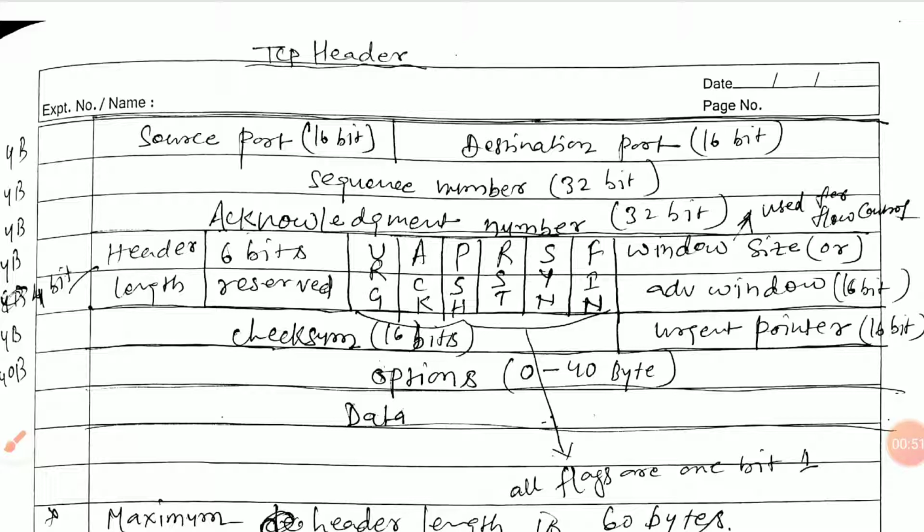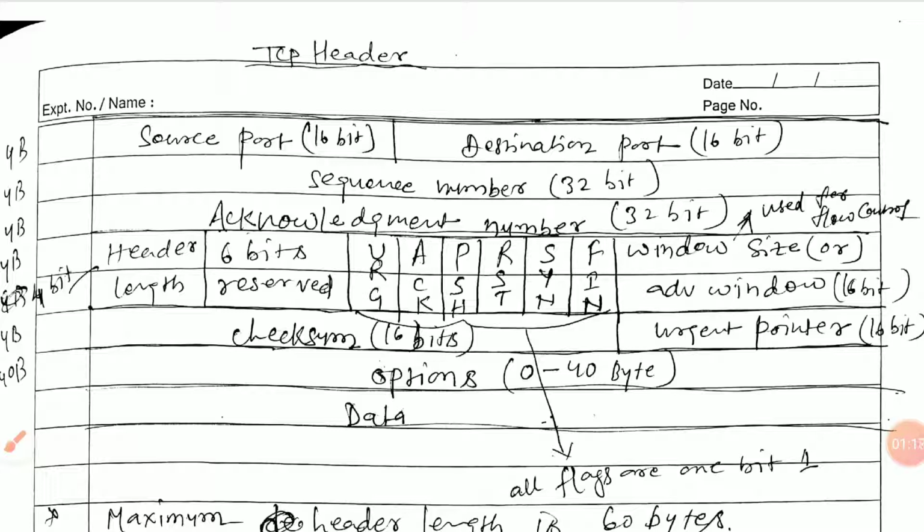So look at this screen. Here we have the TCP header. The TCP header has a total of 7 rows. In these 7 rows, the first row contains source port and destination port, the second row has the sequence number, the third row has the acknowledgement number, and in the fourth row the first part is header length. Some of the bits are reserved.